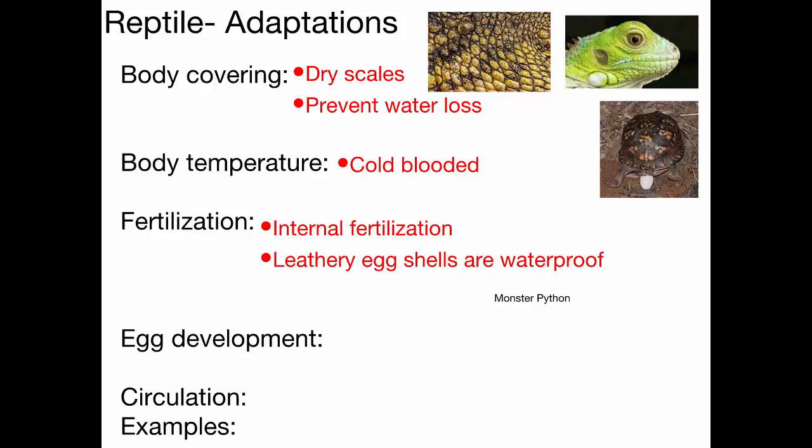Now, reptile eggs are not like a chicken egg that you eat for breakfast. Reptile eggs don't have that brittle, hard shell like a bird egg. They have a softer, more flexible, often described as a leathery shell. Sometimes you might see reptile eggs if you go hiking in wet areas.